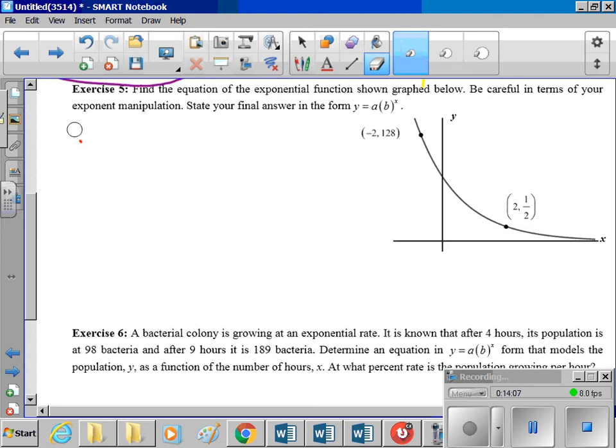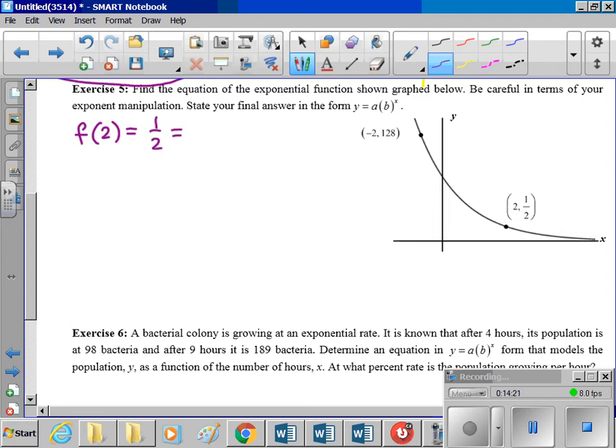Let's write this in another order actually. Let's do f of 2 on top. F of 2 equals 1/2 equals a b to the 2.